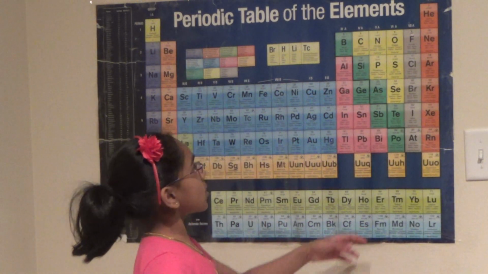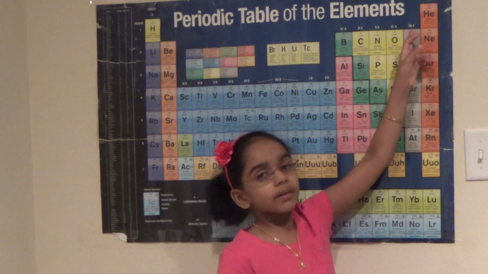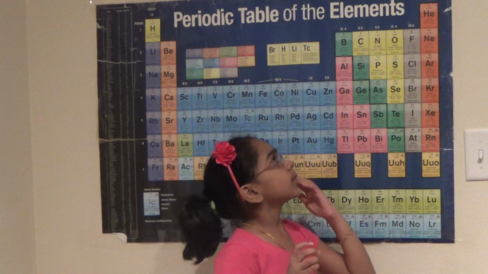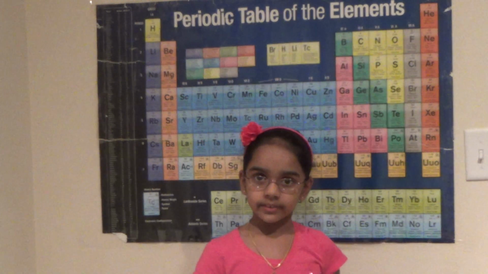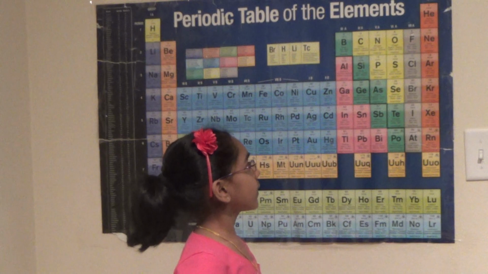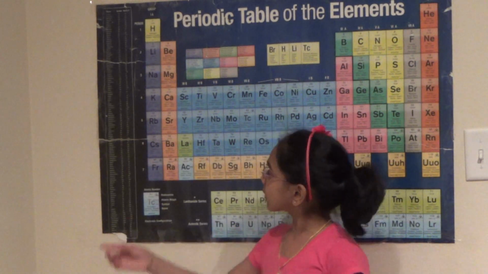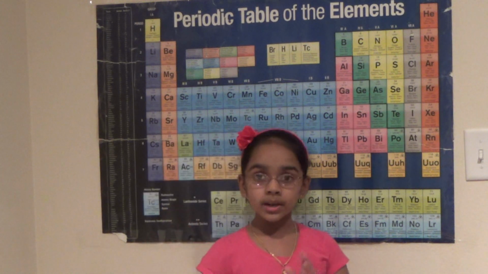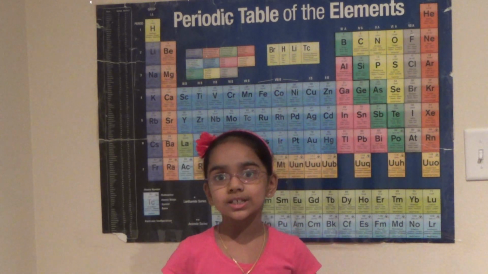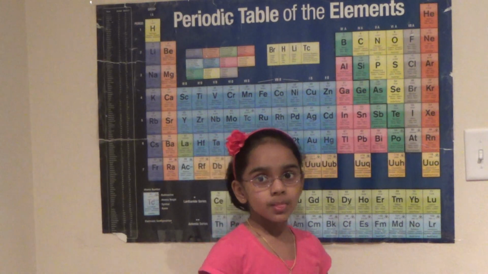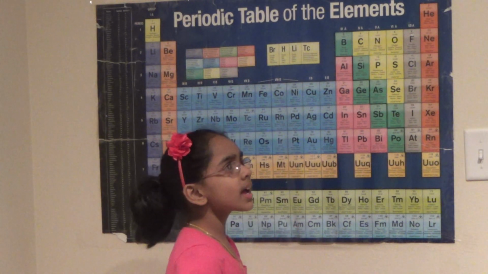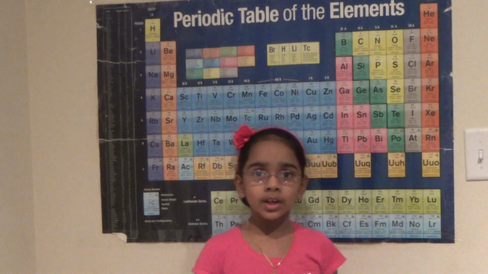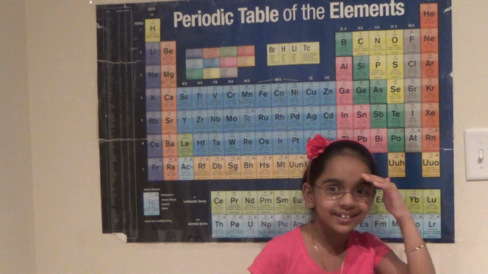Okay, now let's go over to number 7. Group 7A. These are called halogens. Halogens are just like the opposite of these alkali metals. They are just 1 electron short of being full, so they always want to look for one.